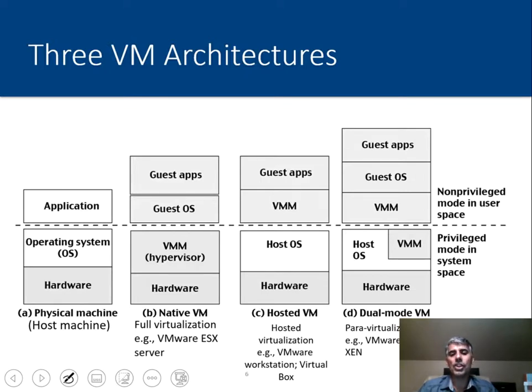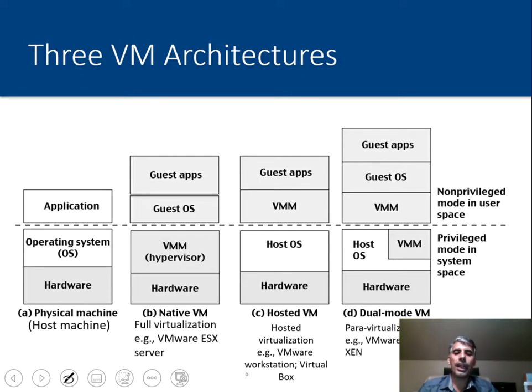Another way of operation is entirely opposite. So it has hardware again, it has the host OS, and then on top of the host OS, we have the virtualized software hypervisor. And then on top of that, we have the guest operating system. And then on top of that, there is the guest application. All right. This is known as hosted VM.